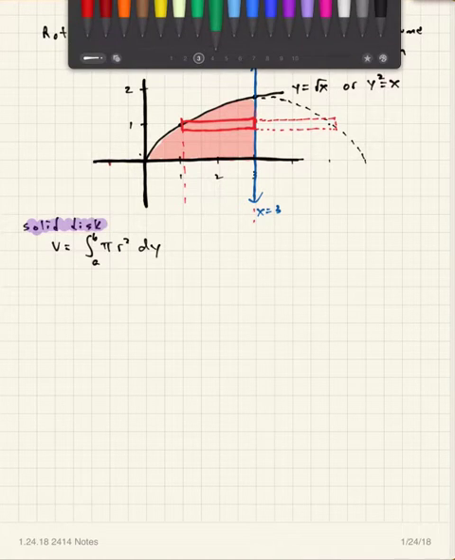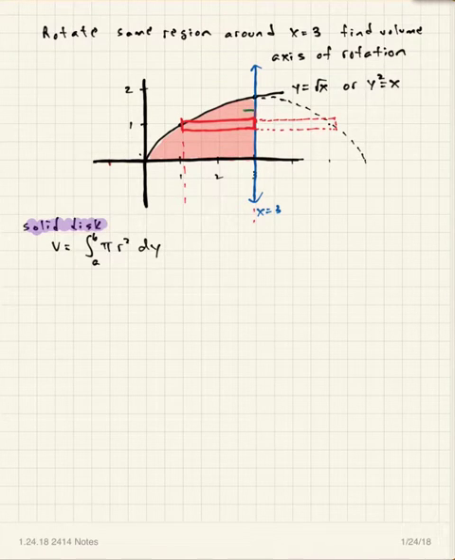So r is that distance right there. That's our radius. Notice it is not drawn from the y-axis. And what we need to do is come up with an expression in terms of y that will represent r in that picture right there.